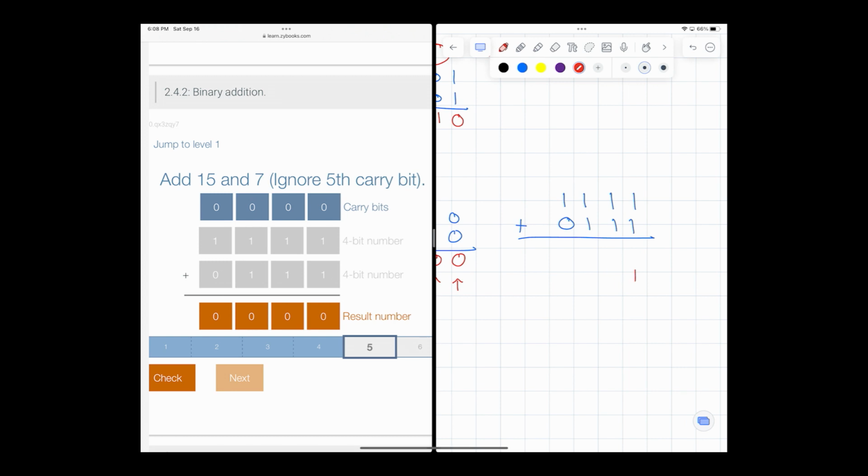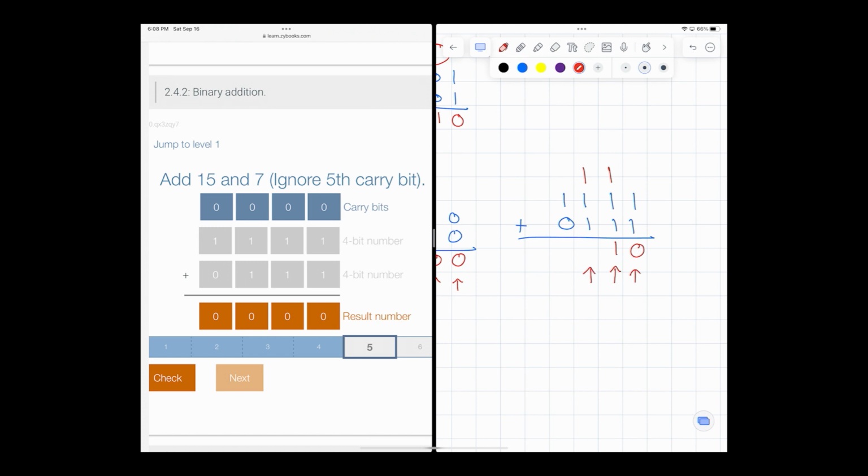So our first column, we have 1 plus 1. 1 plus 1 is 2, which we write as 0 on the bottom and 1 that we carry. Then our next column, we have 1 plus 1 plus 1. So 1 plus 1 plus 1 is 3, which is a 1 here and then a carry 1.